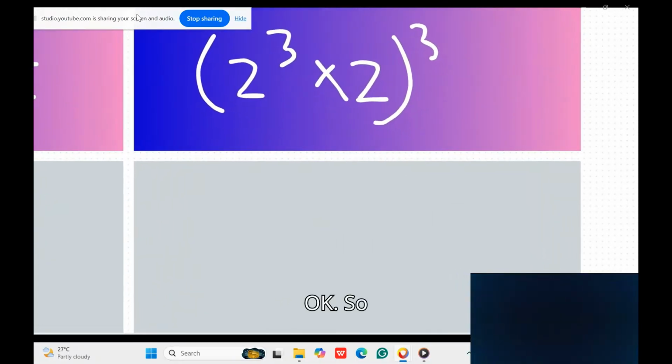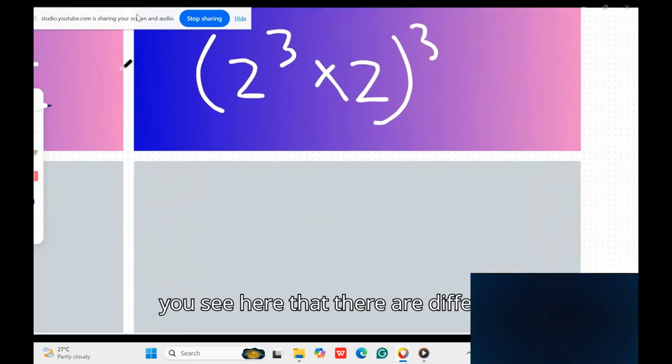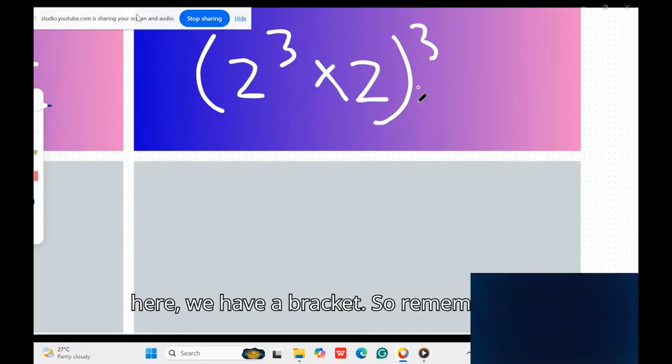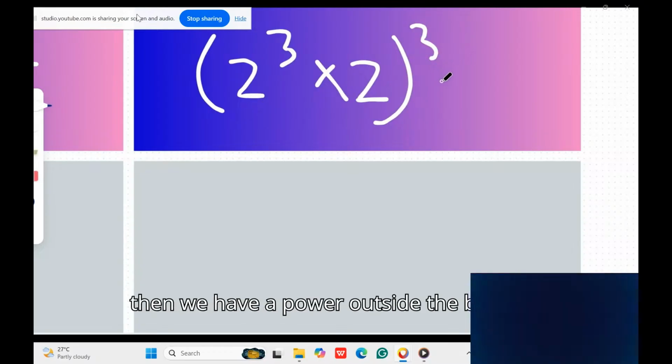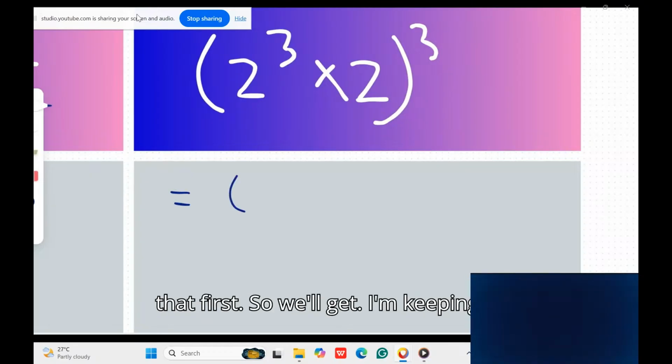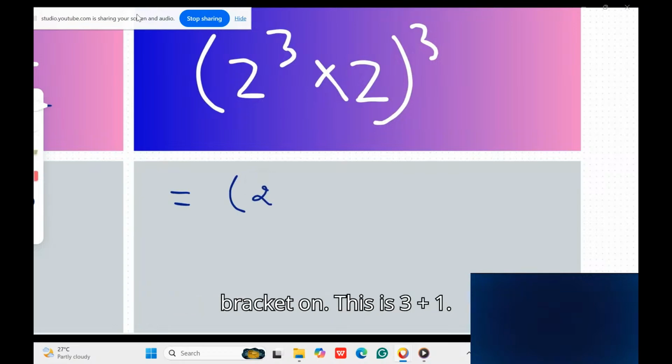Okay. So you see here that there are different rules in play. We have a bracket, so remember the bracket is to be solved first. And then we have this part here in the bracket. And then we have a power outside the bracket also. So first step, solve for the part inside the bracket. So we'll solve that first. I'm keeping the bracket on. This is 3 plus 1. No power means 1.